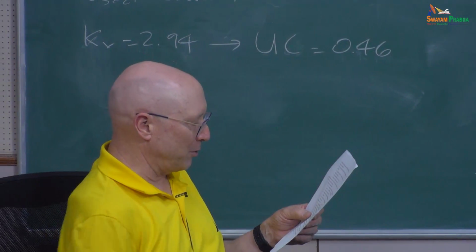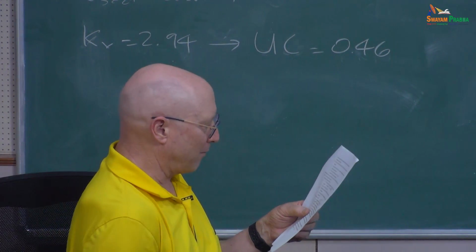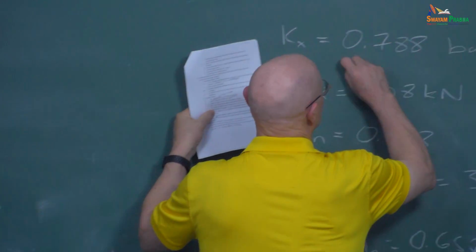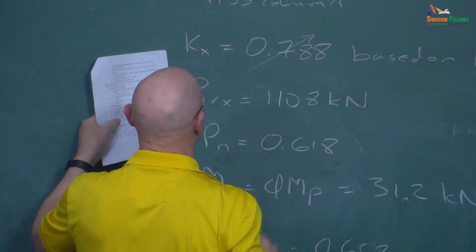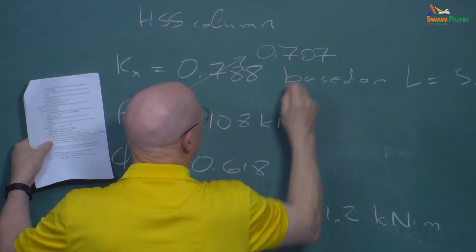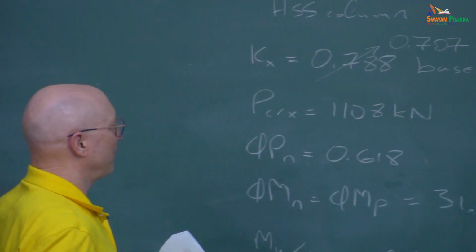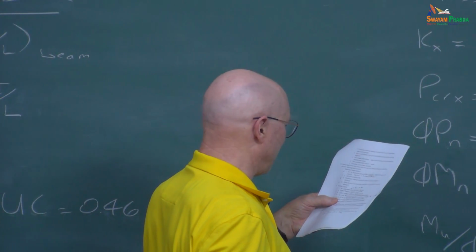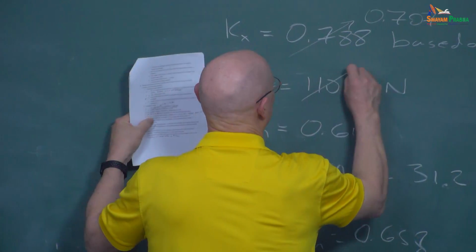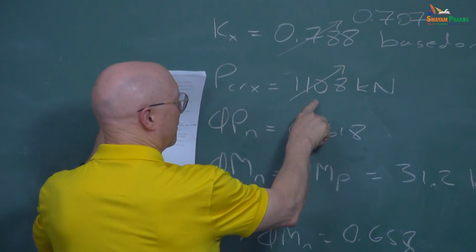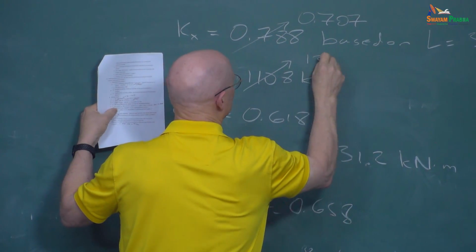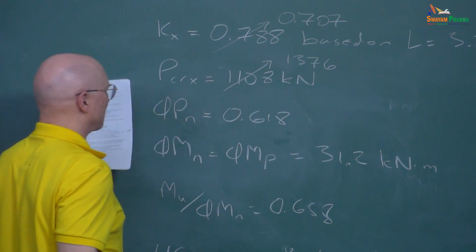All right, if we look at what we're getting from these things, if I just change the numbers here on the HSS column where we're having the trouble, this becomes 0.707 now from the buckling analysis. This number, which is the fundamental number for the column buckling and for getting the column strength, becomes 1376.